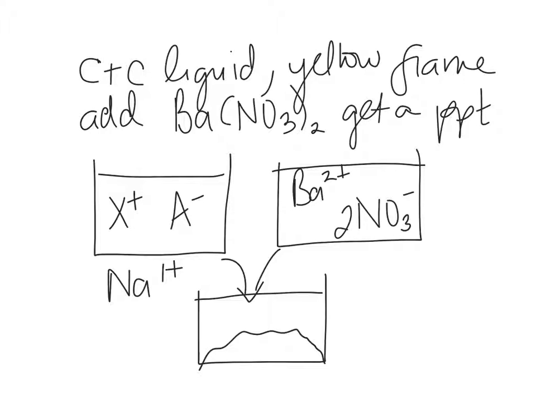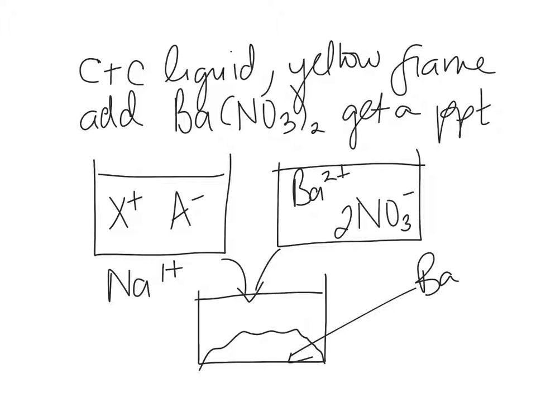X is sodium, so we know sodium doesn't precipitate out with anything. Are you seeing a pattern here? So your precipitate must contain barium, because it has to contain a positive ion. So we know this solid is barium something. We know it's not barium nitrate because that's a solution, and all nitrates are soluble. So A negative, the negative ion, has to precipitate out barium 2 plus.